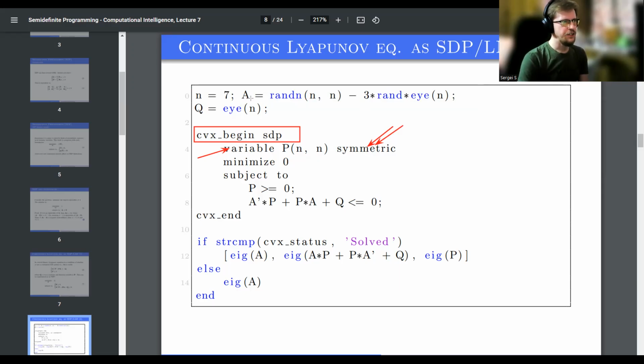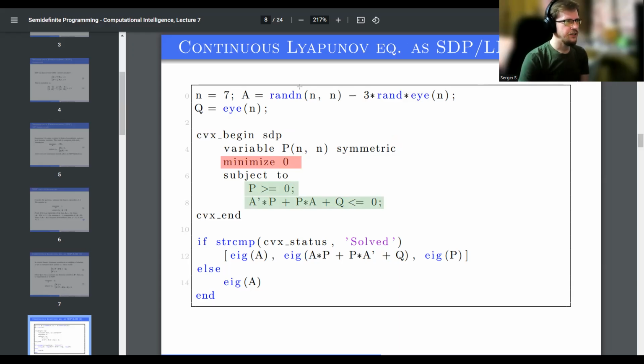You declare your cost function. The cost function is minimize 0 in this case, because we don't have any other cost. Now, our constraints are P bigger than 0, and AP plus PA plus Q less than 0.